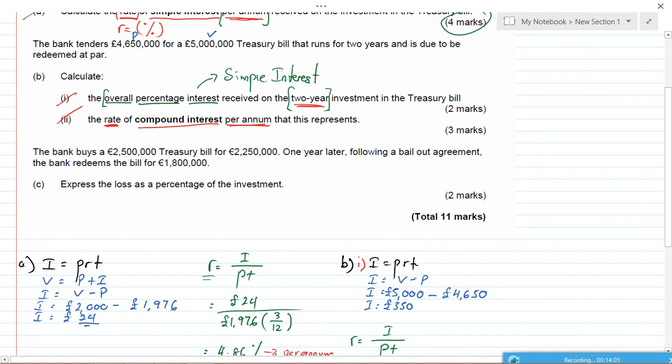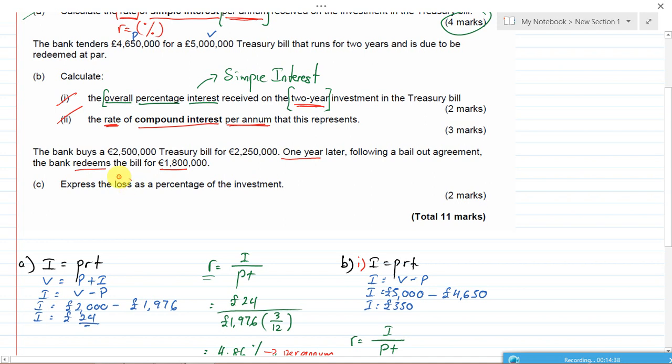So you will get 5 marks for these. So you'll do all these steps here. Next, on your part C, the bank buys a 2,500 treasury bill for 2250. 1 year later, highlight that part. Following a bailout agreement, the bank redeems the bill for 1,800. Express the loss.